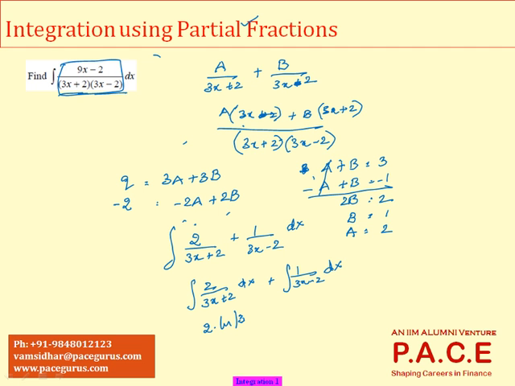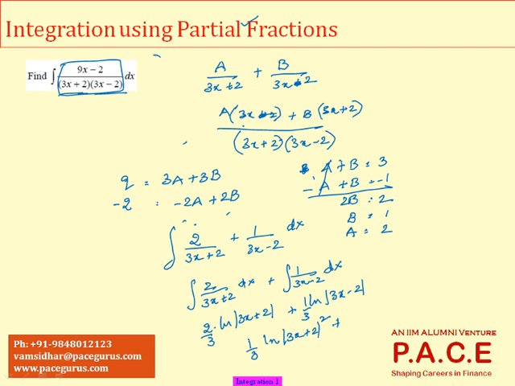log 3x plus 2 by 3, whereas this becomes log 3x minus 2 into 1 by 3. So I'll take 1 by 3 out, and using the laws of logarithms I can write it as log 3x plus 2 squared.